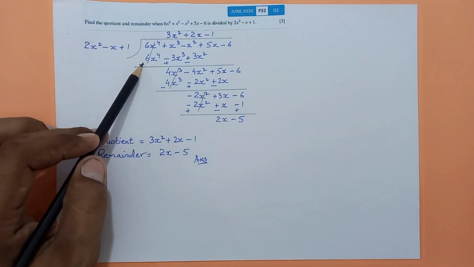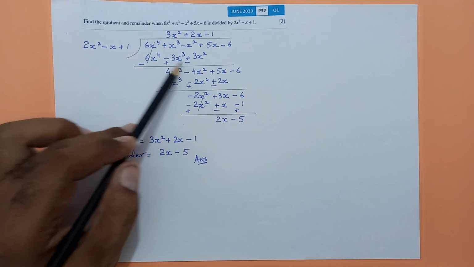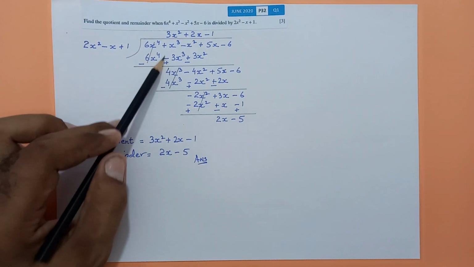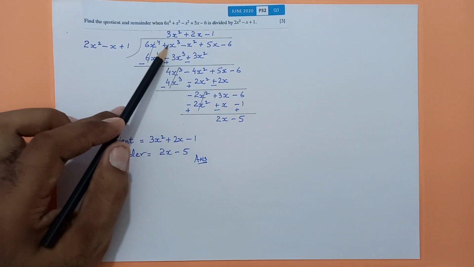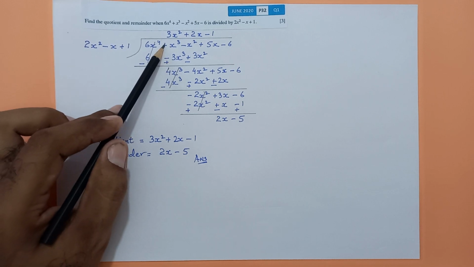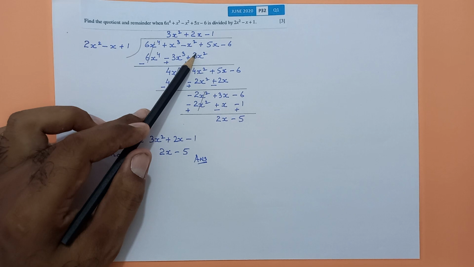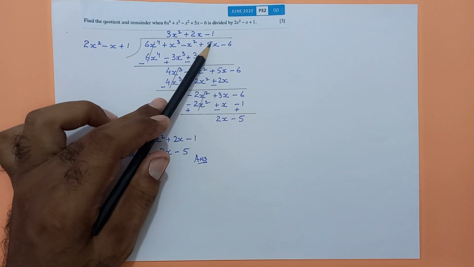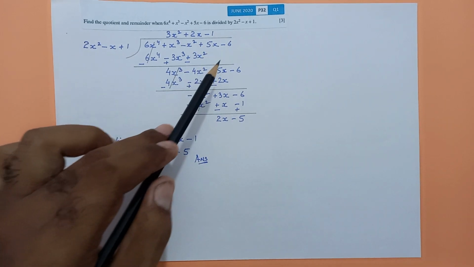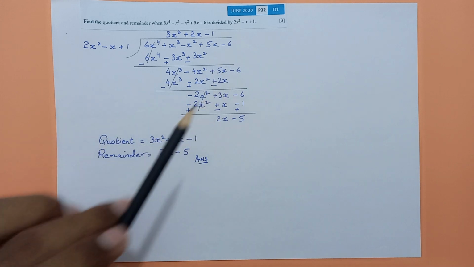This was positive, made it negative, and positive, made it negative, and cancelled out. And this is x^3, so this is positive 1, positive 3. So plus 1 plus 3 is plus 4x^3, negative 1 negative 3 is negative 4x^2, and just moving the positive 5x and negative 6 down.